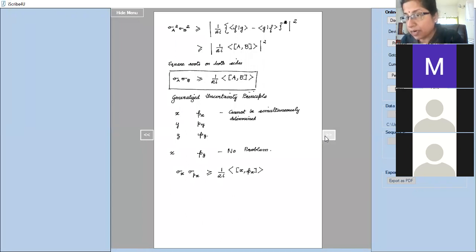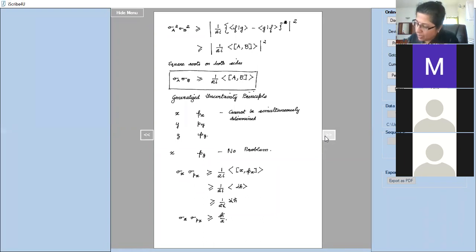So I'm hoping you've already done this with Meera ma'am, in which case you will know that this is nothing but i h cross. It's of course a number, so it will just come out. So it is greater than or equal to 1 by 2i into i h cross. Your i and i will cancel. So you will get sigma x, sigma px is greater than or equal to h cross by 2.